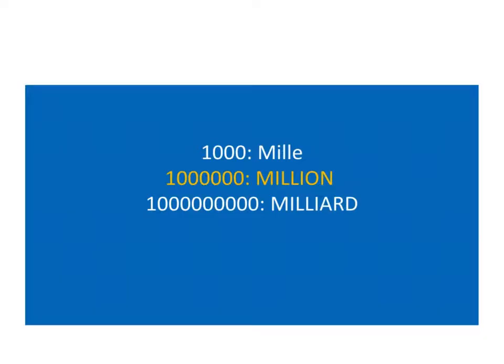Mille, million, milliard. So you can see we have counted from 1 to 1 billion. Remember, cent is 100, mille is 1000, million is 1 million, milliard is 1 billion.